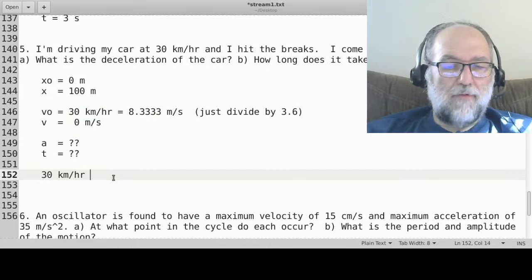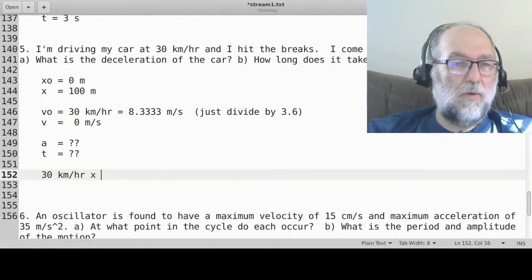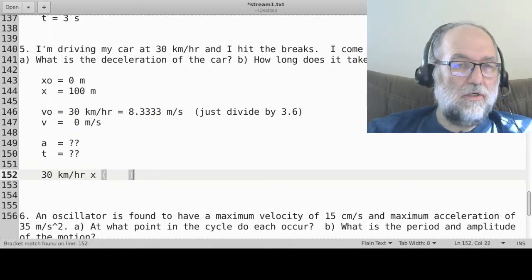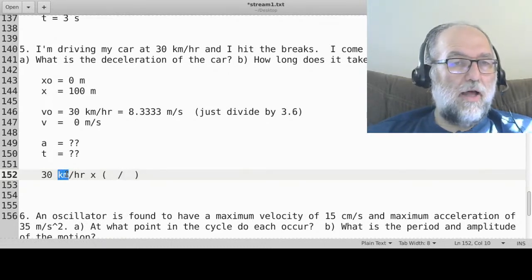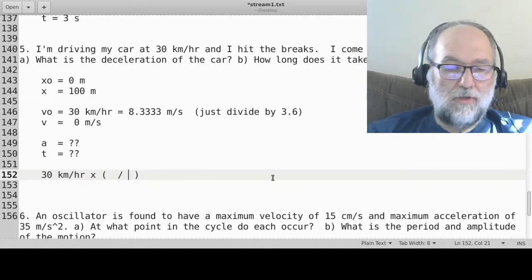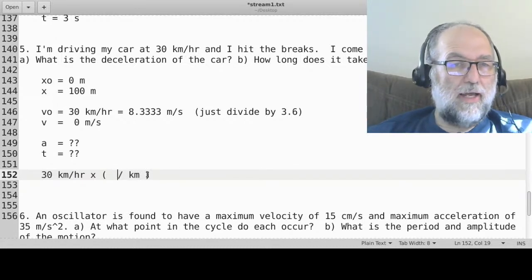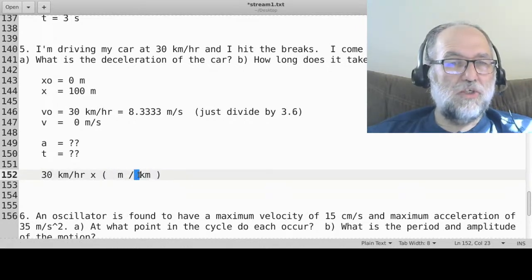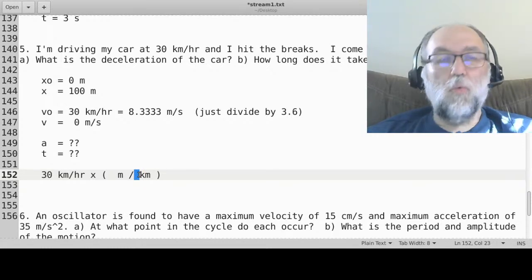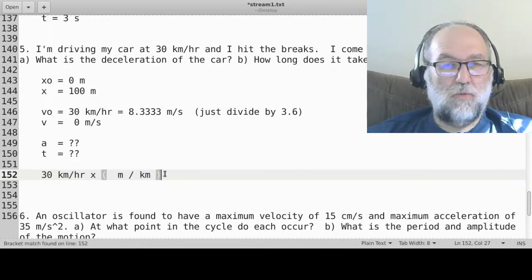All right. So you have 30 kilometers per hour. We have to convert the kilometers to meters. You've got kilometers in the numerator, so you want to put kilometers here in the denominator, and you want to convert that into meters. So meters in the numerator, kilometers in the denominator, and you want numbers in here such that it's equal to 1, so that this entire fraction is equal to 1.